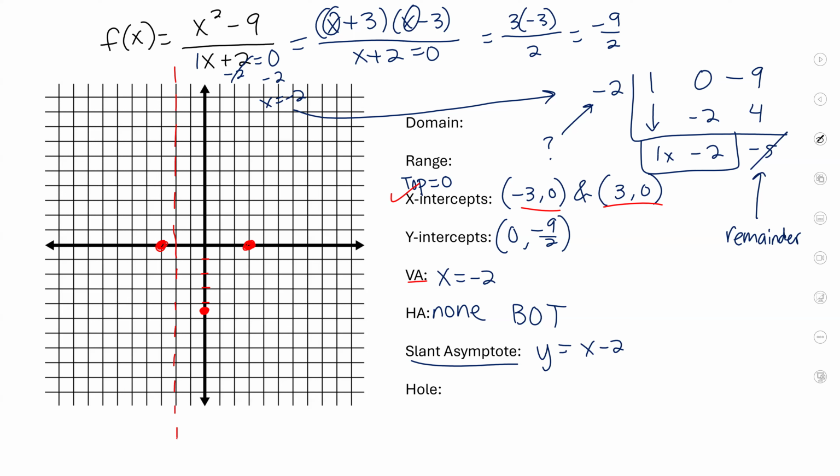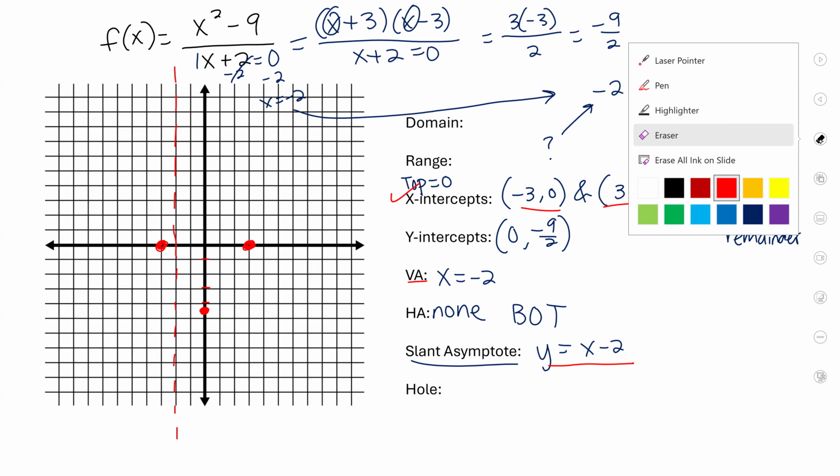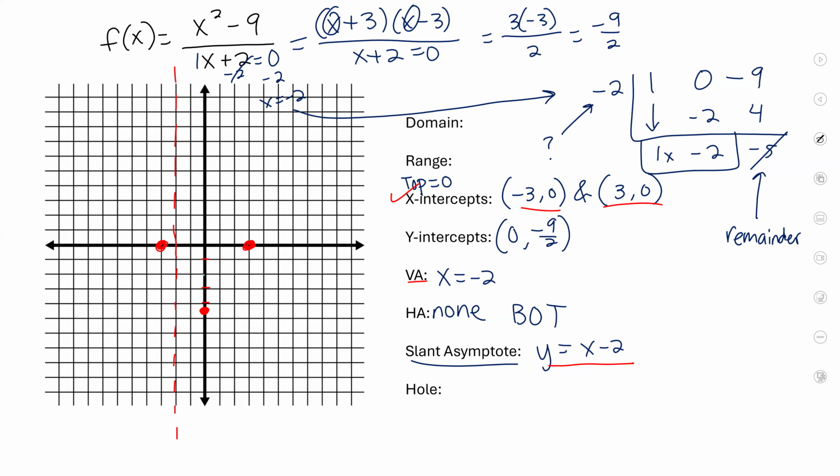You have a slant asymptote right here, starting at negative 2, and your slope is 1. Let me do it in a different color. So your other asymptote is right here. This is your slant asymptote.